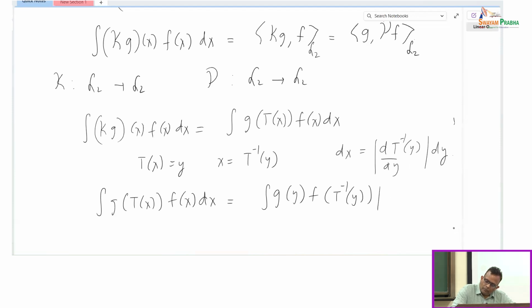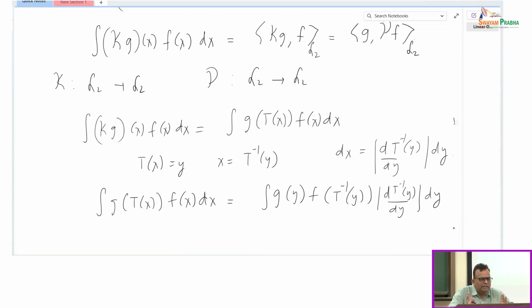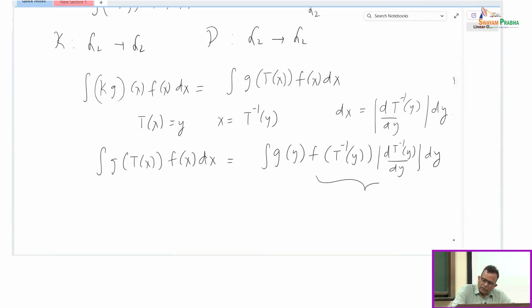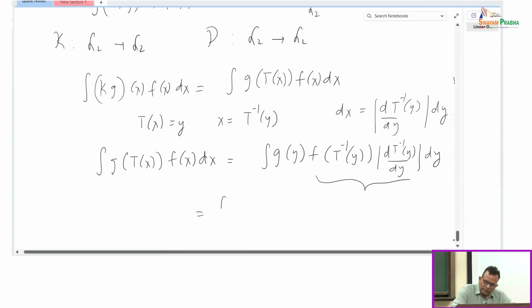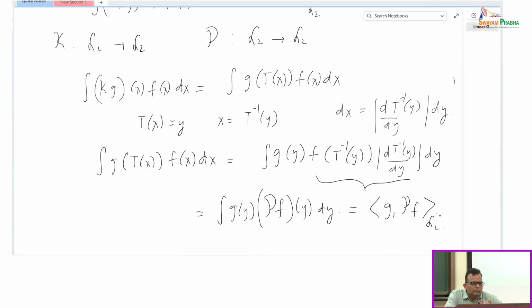These outer lines are not for the modulus, they are for the determinant, which is the notation we introduced. Now this is exactly the definition of the Perron-Frobenius. So this is g of y times P f of y dy, which is the inner product of g with P of f. This is where the duality comes.